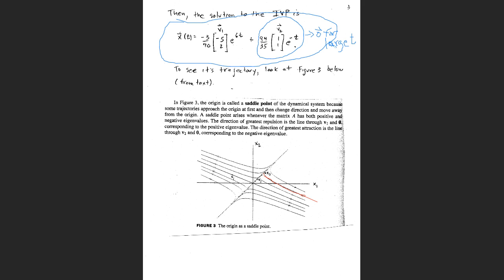That means you're going to be left with just this part of the solution for t large.